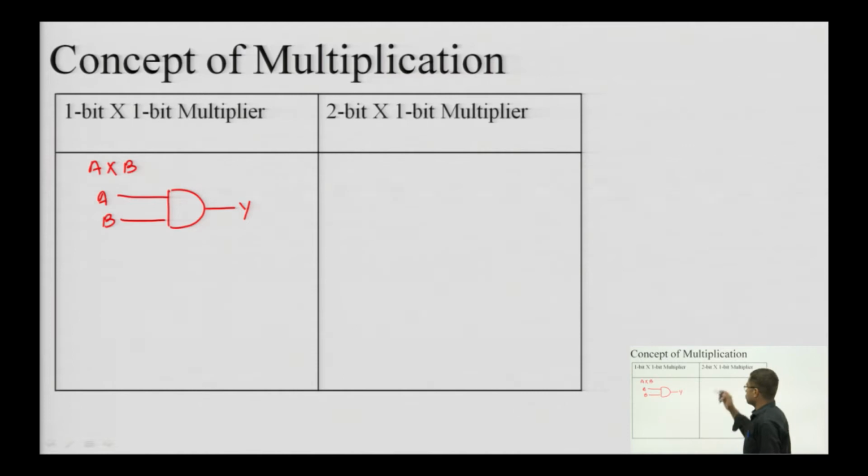Similarly, for 2 cross 1 multiplier, that means there is a number a 1 and a naught which is to be multiplied by number b naught. So, if we have to do this, then we have to use two AND gates.